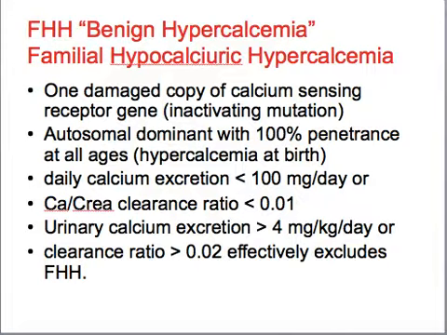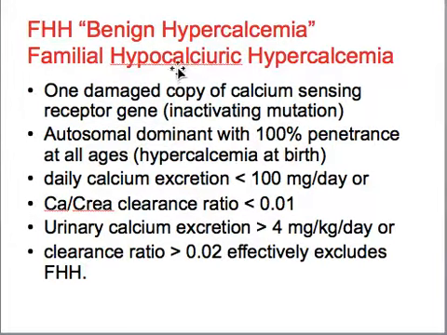So I mentioned earlier about FHH, or benign hypercalcemia, your familial hypocalciuric hypercalcemia. In these patients, the calcium sensing receptor is inactivated. One copy of the calcium sensing receptor gene is inactivated. So in essence, your calcium is reabsorbed most of the time.